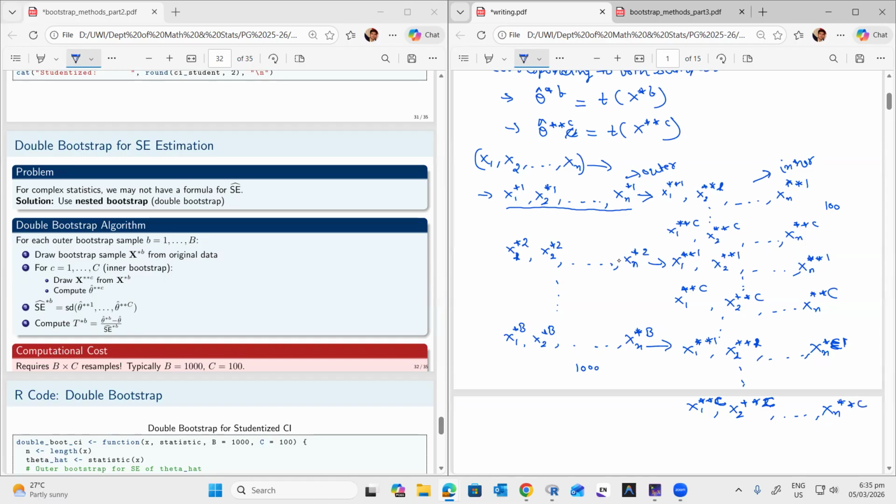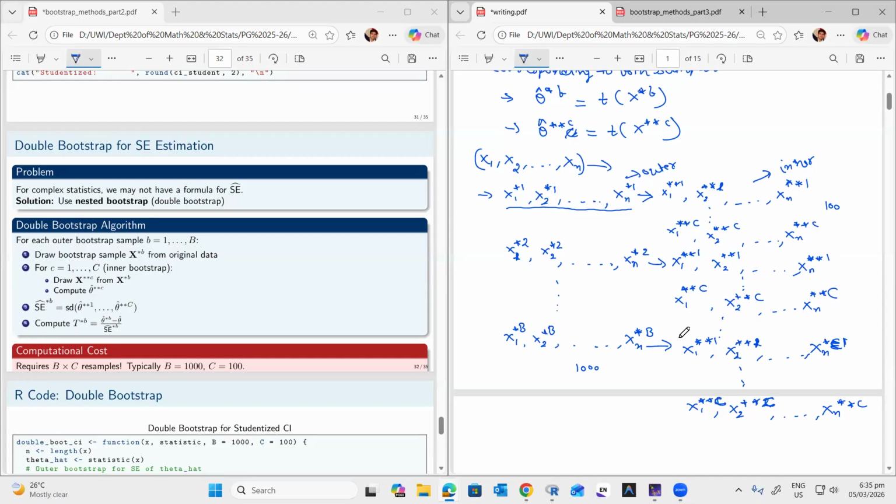So what you need to do is generate C random samples for each sample. So what you are doing is running two loops, meaning you are going to run a loop inside your existing loop. That is called the nested bootstrap sample.